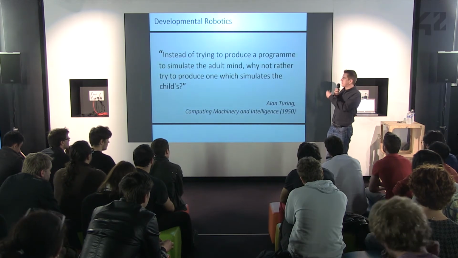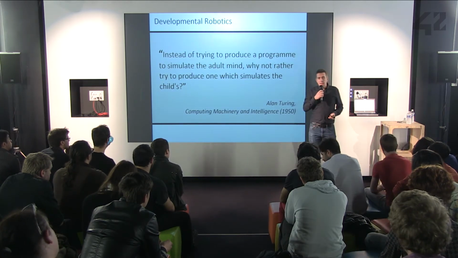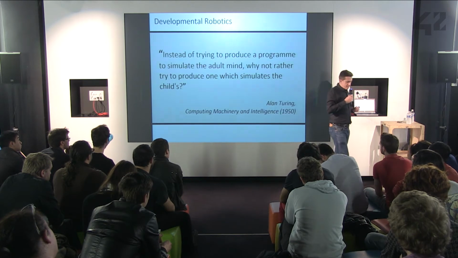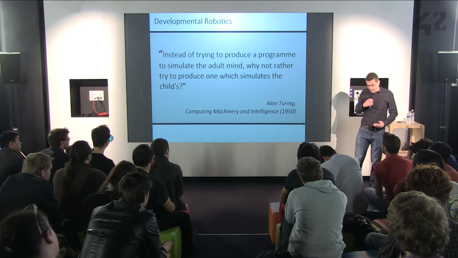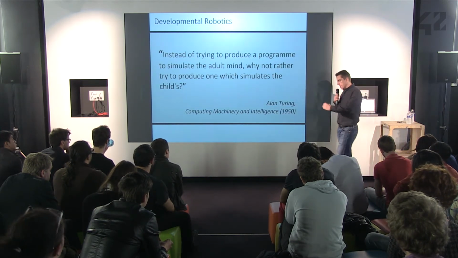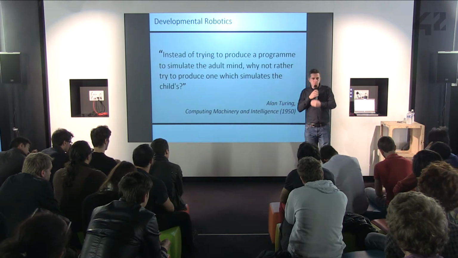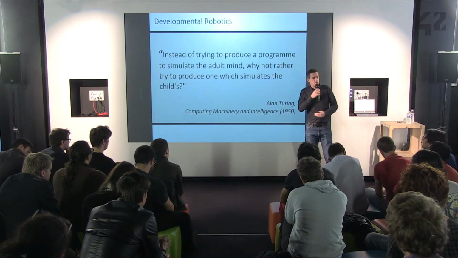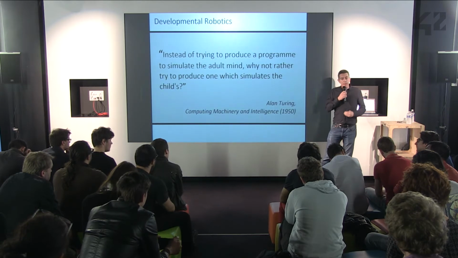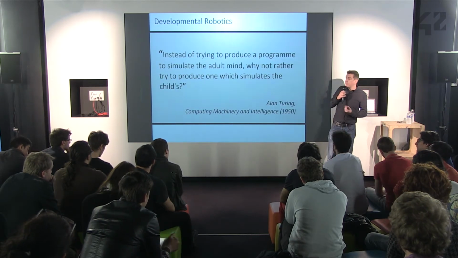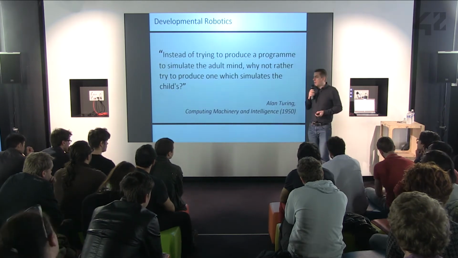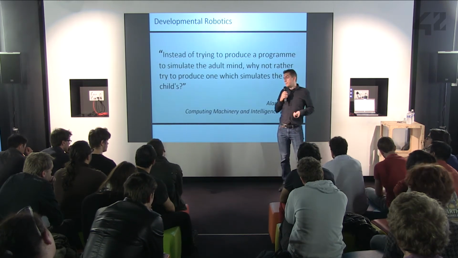And so instead of aiming straight at an adult mind, the way to tackle the problem of AI is to start with a baby that is going to acquire competencies, social competencies, physical competencies, cognitive capabilities over time. And the good news is that there is a whole field that has existed for many years now that studies how this is happening in humans.